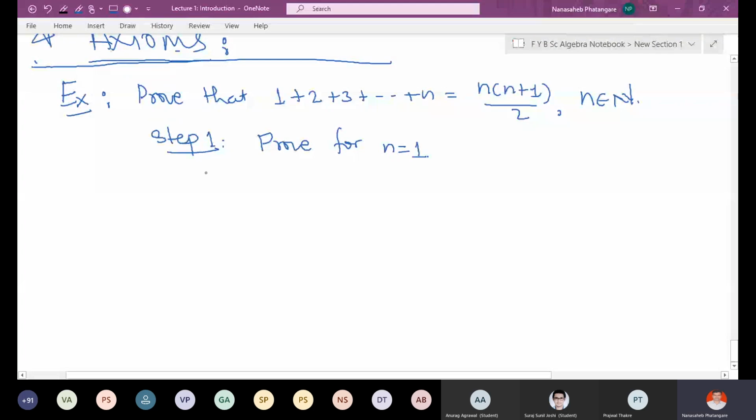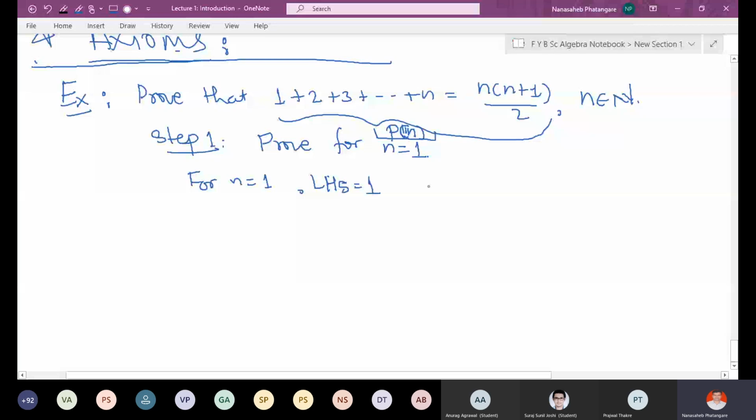So for n is equal to 1, what is the LHS? Because our statement is this, right? This whole statement is our Pn, and what is the LHS of Pn for n is equal to 1? 1, right? Very good. So for n is equal to 1, the LHS is 1.